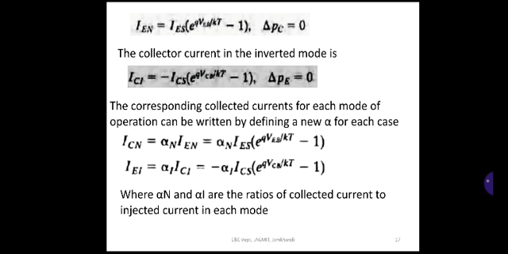So that is equal to minus alpha I into ICS into e to the power QVCB by KT minus 1, where alpha n and alpha I are the ratios of collected current to the injected current in each mode. We notice that in the inverted mode, the injected current is ICI and the collected current is IEI. So notice that here the injected current is ICI and the collected current is IEI.